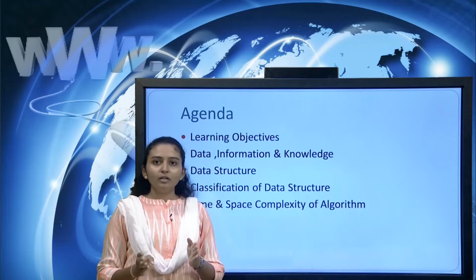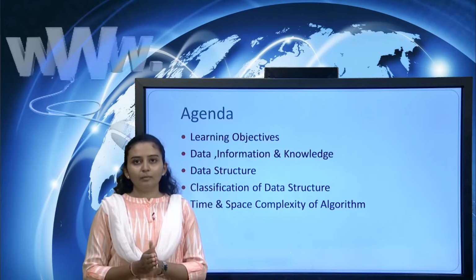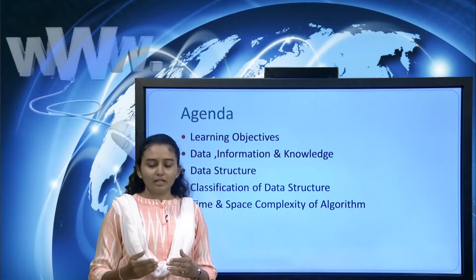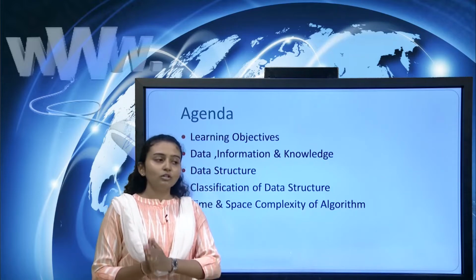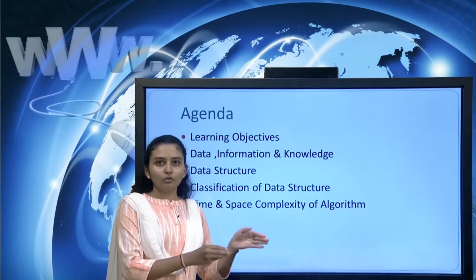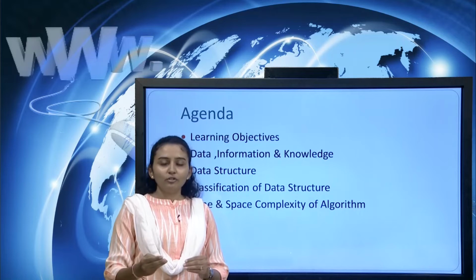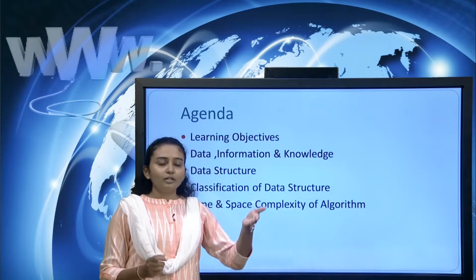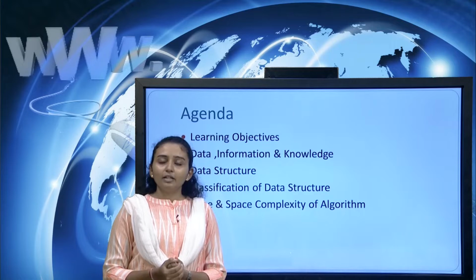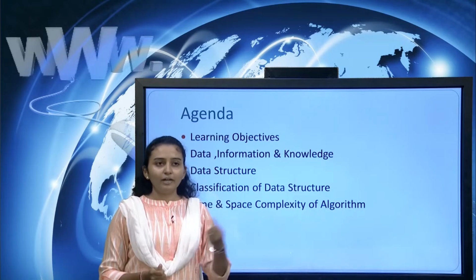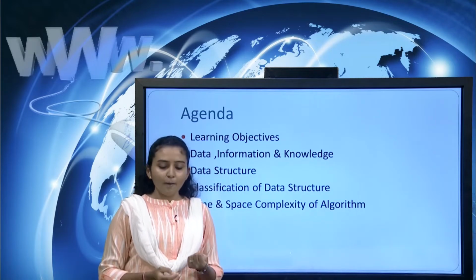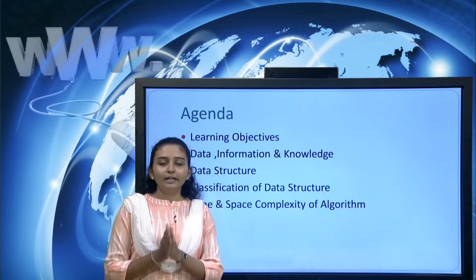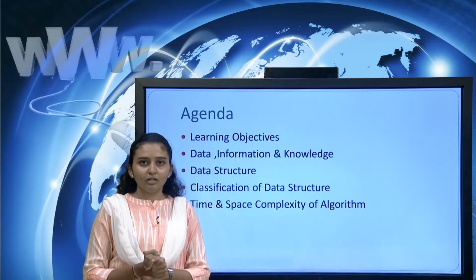In a similar way, in computer programming, our machine stores different kinds of data. If the data is not sorted or stored in a particular way, we face problems. If it is sorted, then we can fetch our data very fast and in an easy manner. To do these things, we require data structure as a subject, right?